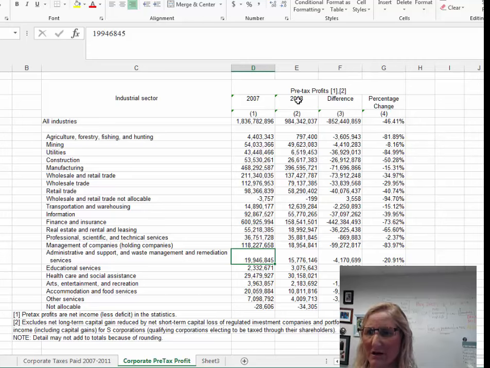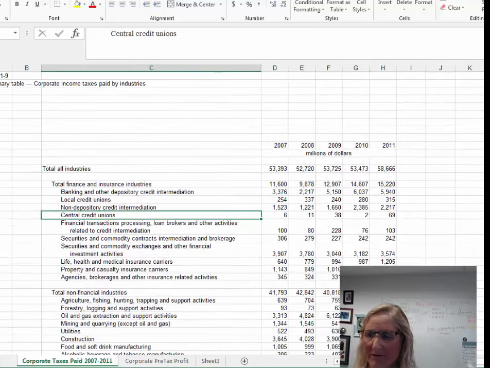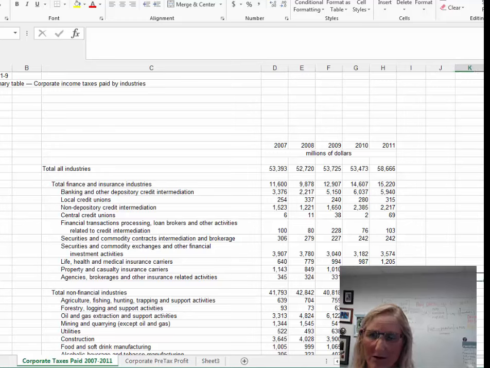I've cut and pasted it into here, and we can see we've got the various industries, and then here we have the pre-tax profits and the percent change in there. So that's of course important when we're talking about taxes. So my point on all of this is that there's sort of a fishing game. You've got to go, you have to find the data, that sort of thing.